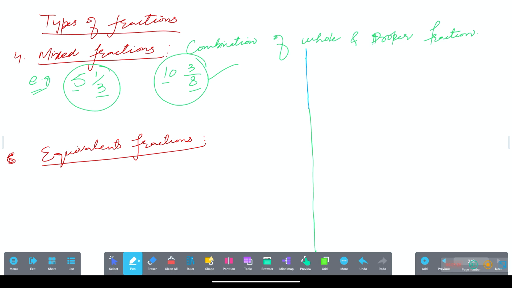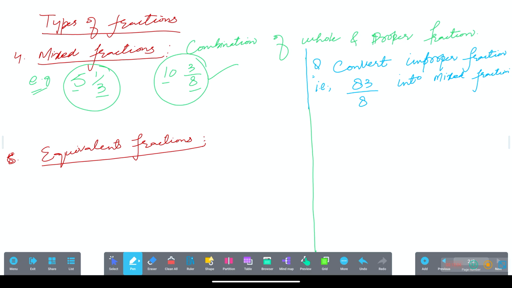I will write here the question: convert the improper fraction 83 by 8 into a mixed fraction.